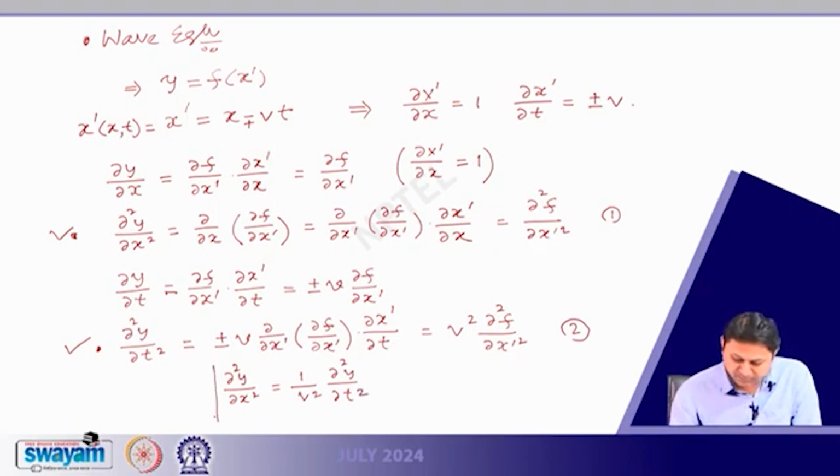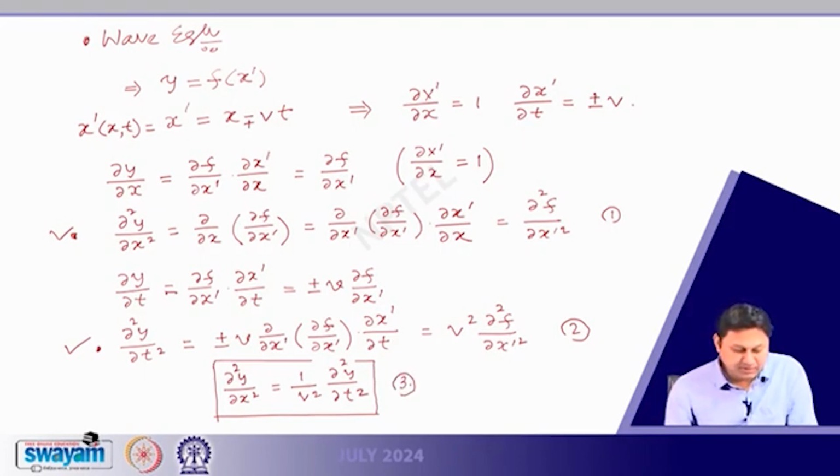So this is the differential equation we have, and if I call this equation 3, this equation 3 must be satisfied by this particular functional form that we have. So you can see that y having the form f of x plus minus vt is a general solution of this derived differential equation.